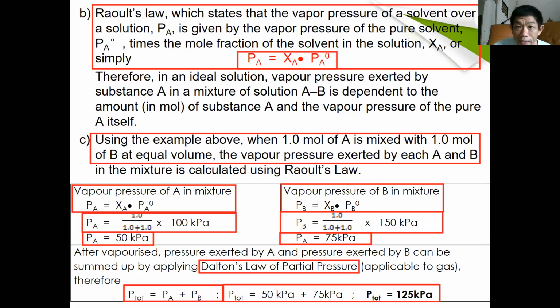So what does it mean in here? I'm going to help you to understand better.